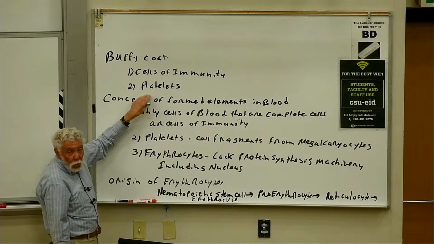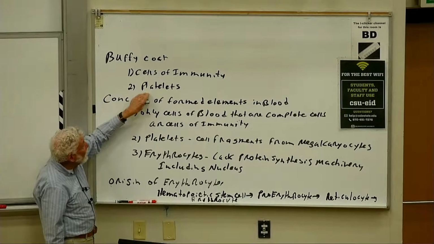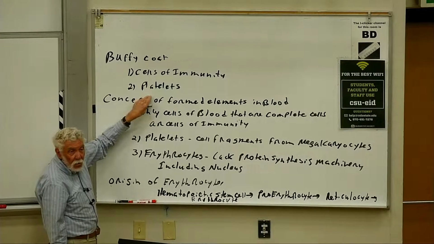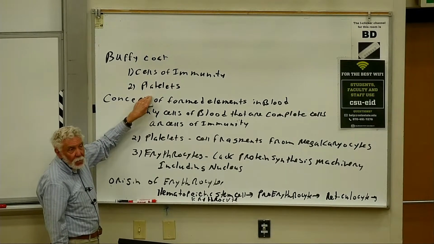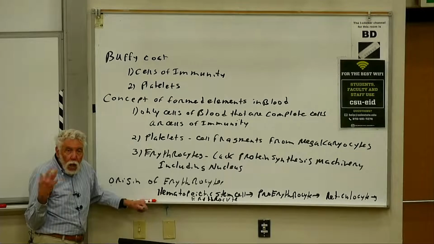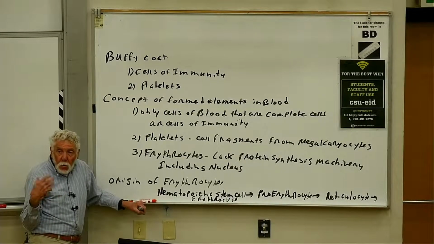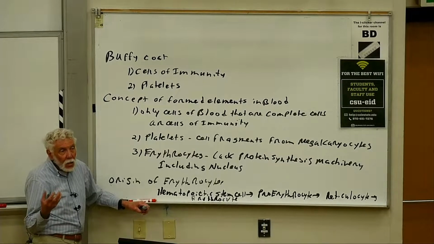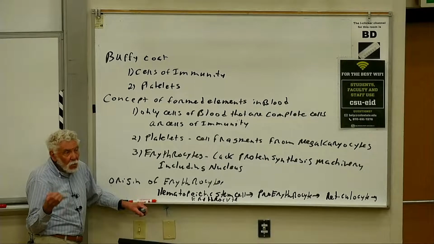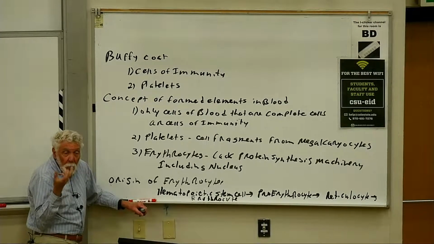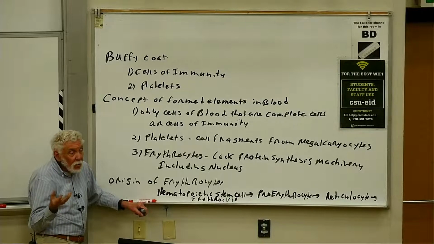So they're really important to us, but we're going to mostly emphasize them in terms of what they're not. They're not true cells. They're what we call a formed element. They're a formed element because basically they're a membrane-bound bag that was derived from another cell. They've been derived from a cell type called a megakaryocyte. And the megakaryocytes live in the red bone marrow, and they extend processes of cytoplasm surrounded by their plasma membranes into the blood vascular system.